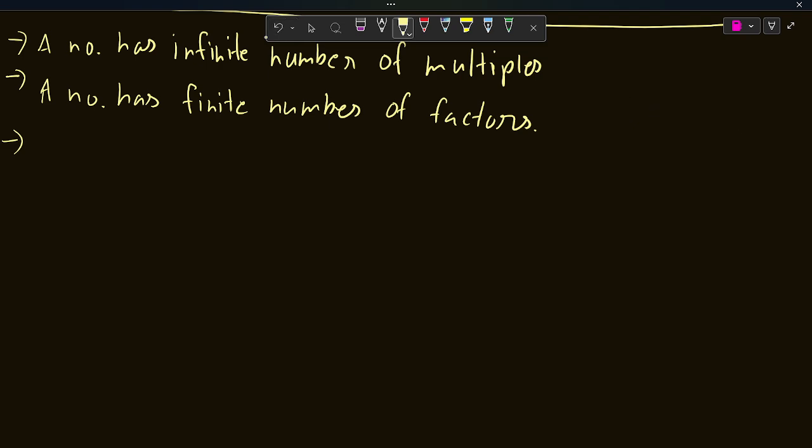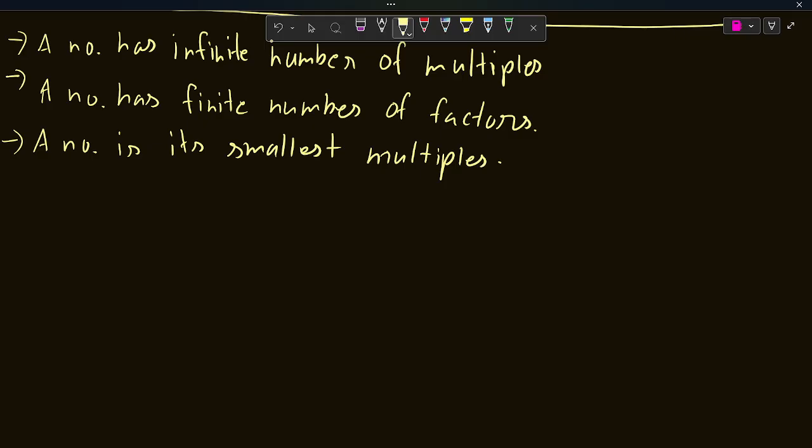So this has to be understood that a number is its smallest multiple.